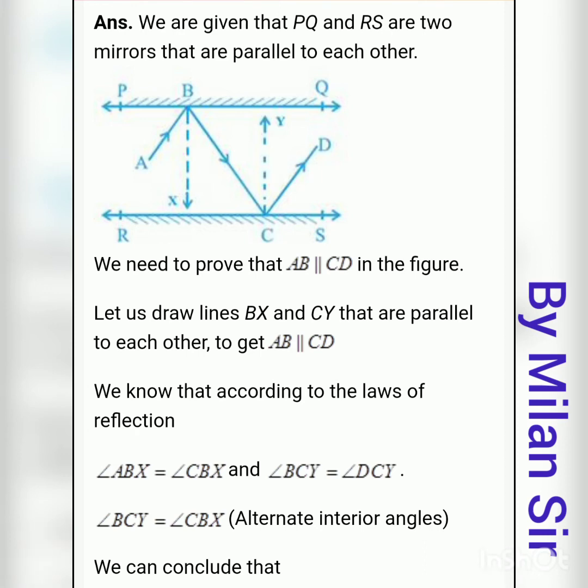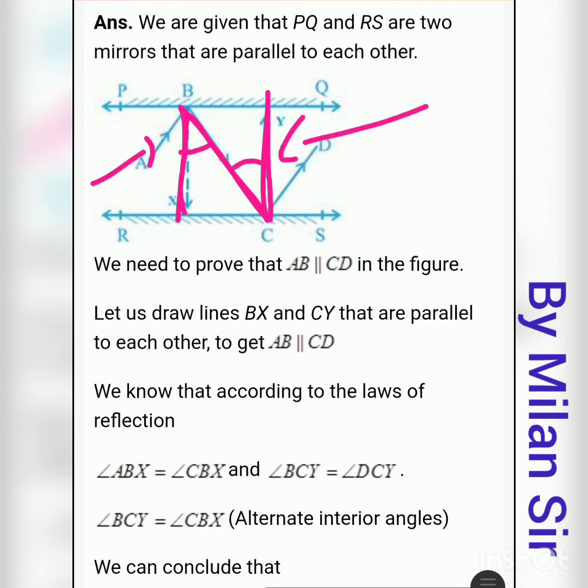Now one more thing: these two lines are parallel lines and perpendiculars too, right? Here we need to prove that AB is parallel to CD, but these two are already parallel lines by construction. So here we can use the concept of Z. This makes one Z, and these two lines are parallel, so these two angles are the same. Alternate interior angles are the same because by construction we drew these two lines parallel.